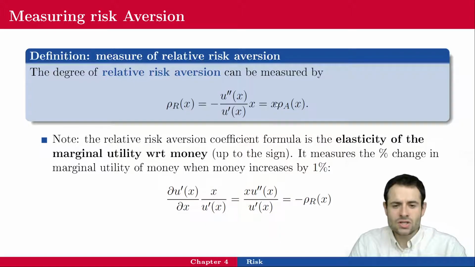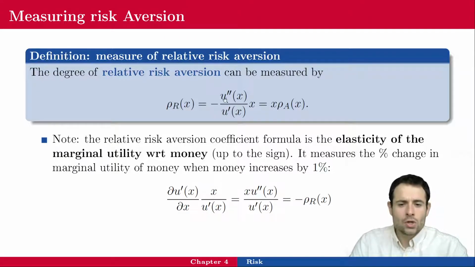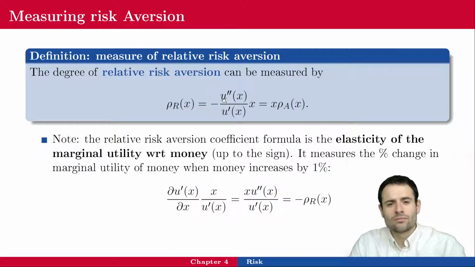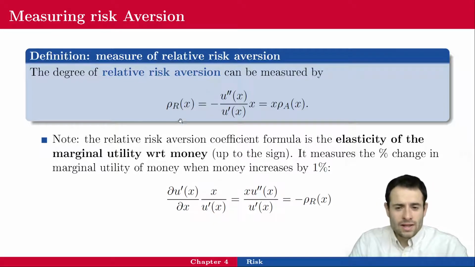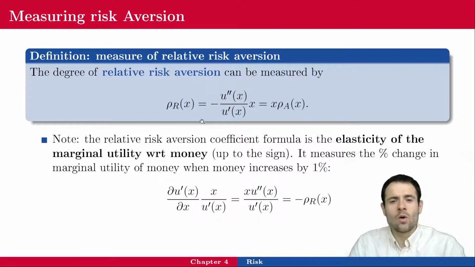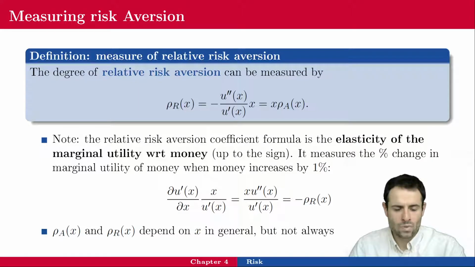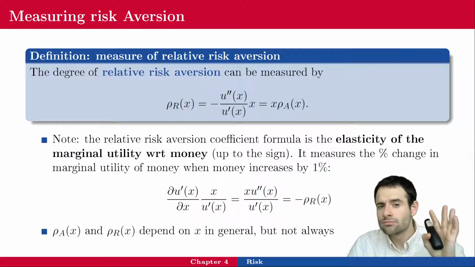So if you're risk averse, this quantity is positive, but if you're risk loving, u prime prime is positive, so this overall number will be negative. And if you're risk neutral, well, u prime prime is equal to 0. So the risk aversion coefficient will be equal to 0 if you are risk neutral. Rho A and rho R depend on x in general, but not always.